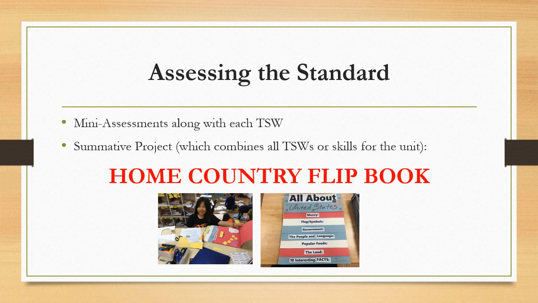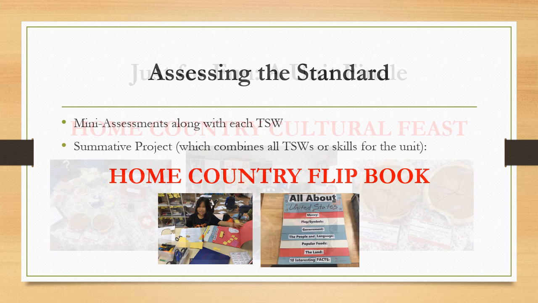I usually give them between 3 and 4 class periods for this. They research information about their own home country. We create a little flip book. They put information into each of the sections related to their country and related to the TSWs, and then they get a final score, and usually this is worth 25 points, so 1/4 of their final grade.